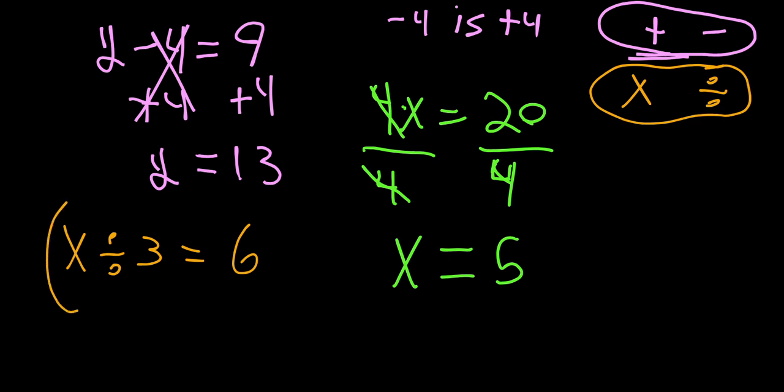So I'll put both of these in parentheses, and we're going to multiply by 3. 3 times x, we have x divided by 3, and we multiply it by 3, the 3's cancel each other out.